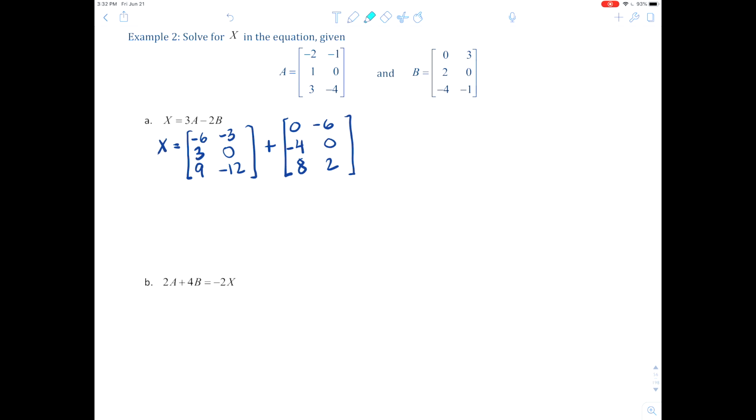Just so you can match everything up, 3 times A is this matrix, and -2 times B is this matrix. Then we just need to add them to get our matrix for X. We'll have -6 plus 0 is -6, -3 plus -6 is -9, this one will be -4, we'll have a 0 here, and then 17 and -10.